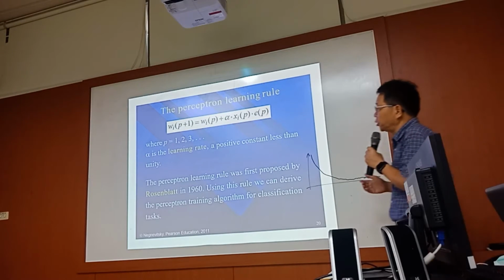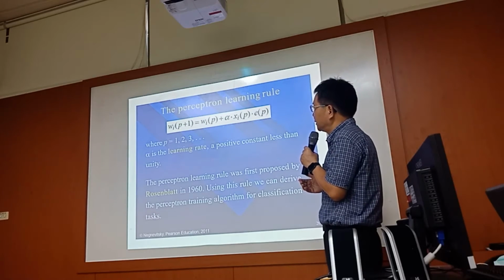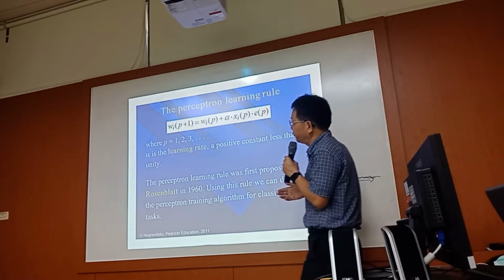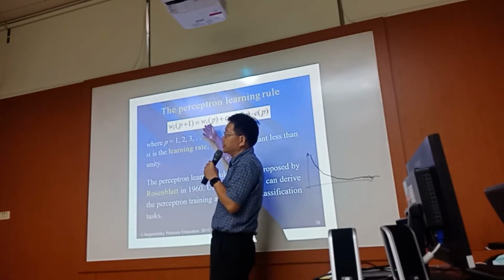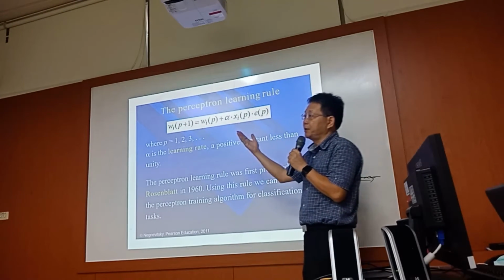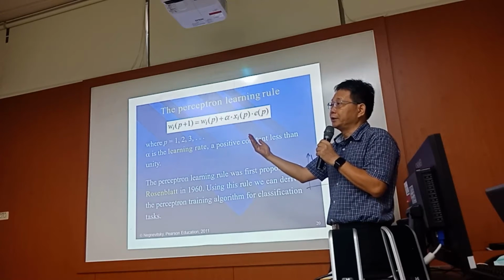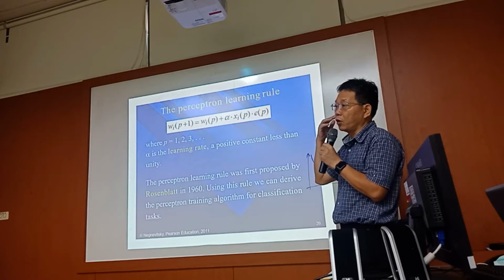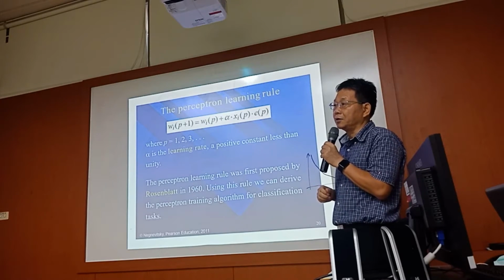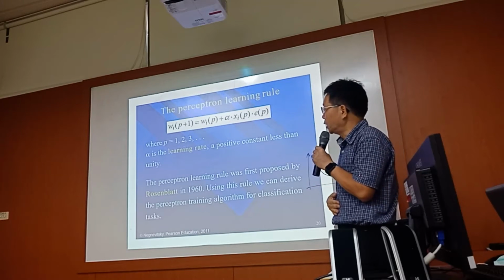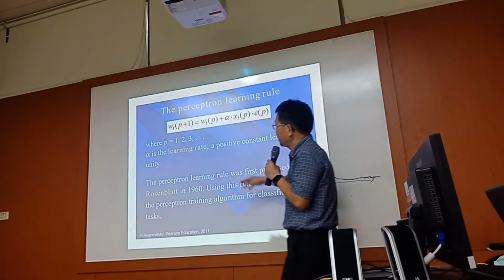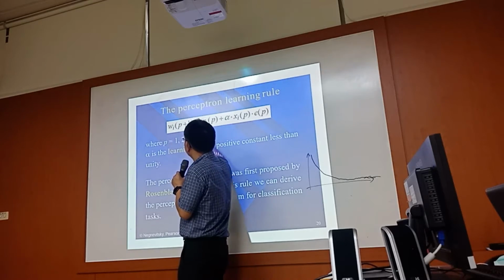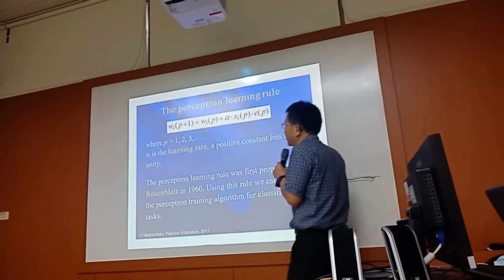Then the purposeful learning measure is based on the P, the phase. P is the phase. Phase means all the training data go through the whole network one time. We say a P value. So the next time, the weight will be updated.